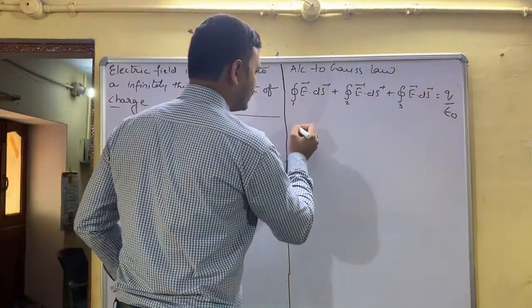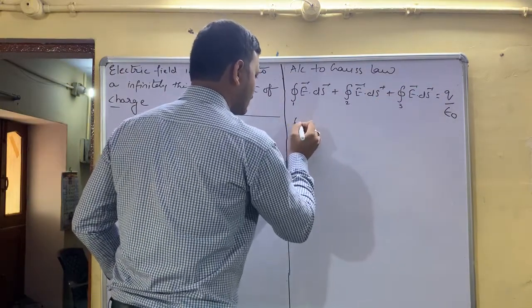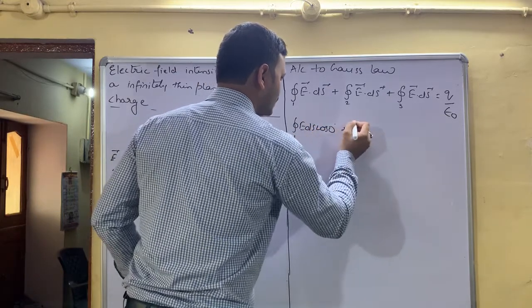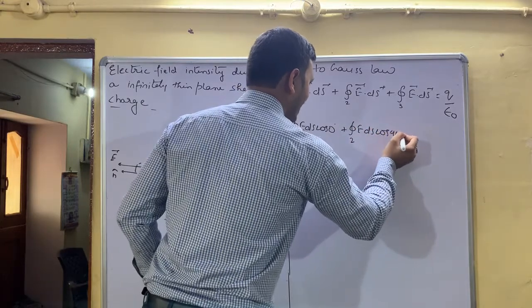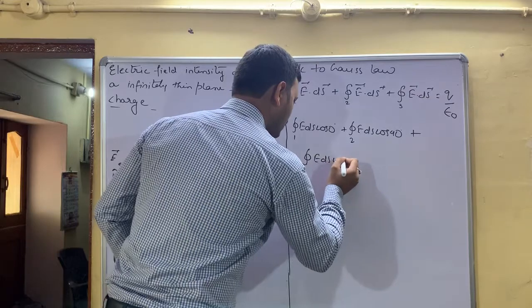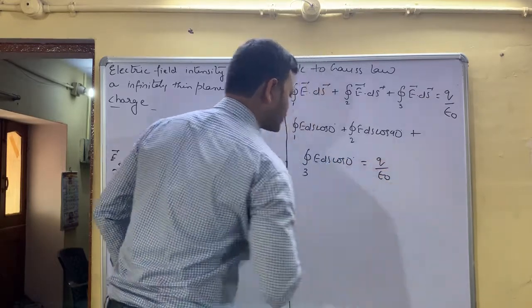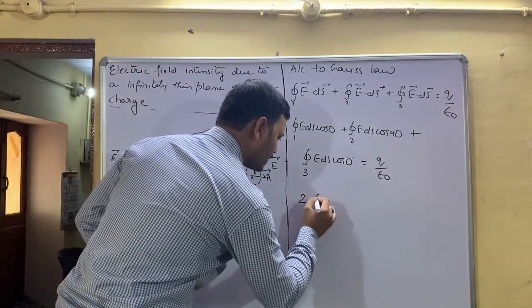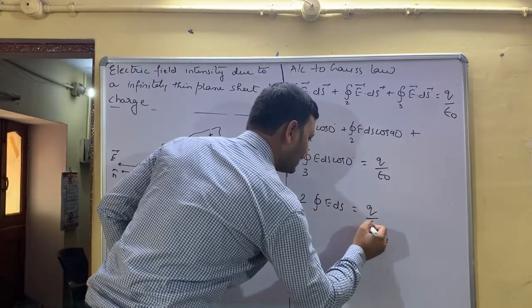And hence, if we convert this into scalar form, we will have E dS cos 0 degrees for region 1, E dS cos 90 degrees for region 2, plus closed integral E dS cos 0 degrees for region 3, equals Q upon epsilon naught, which gives 2E dS equals Q upon epsilon naught.